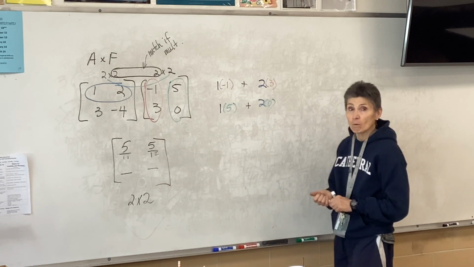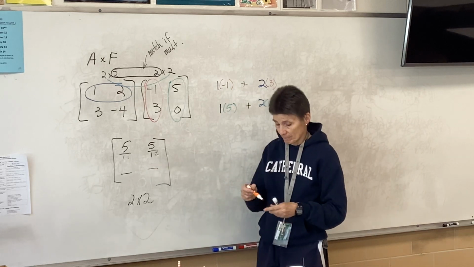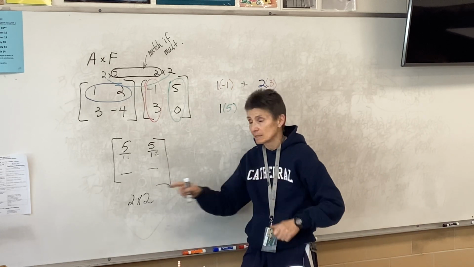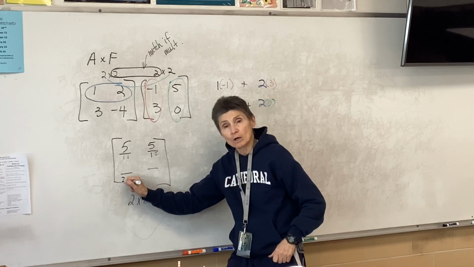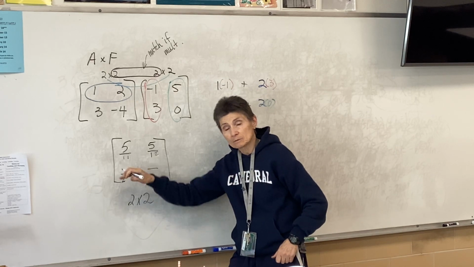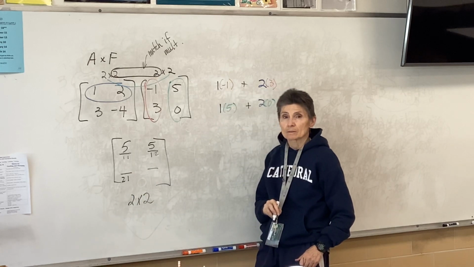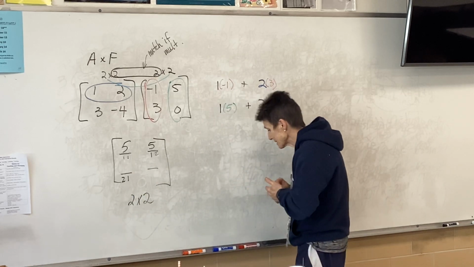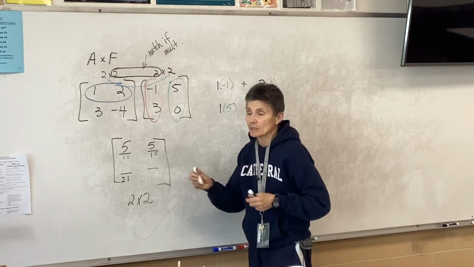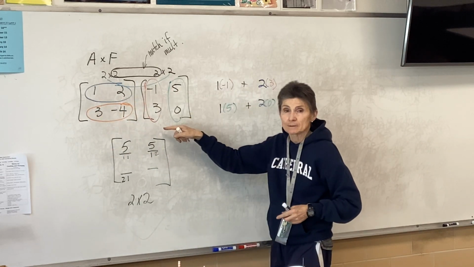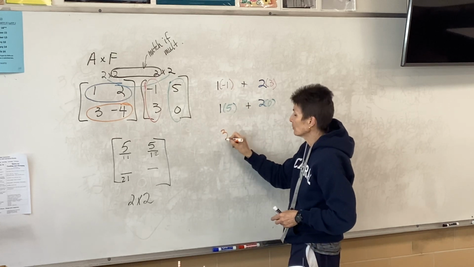All right, now I'm coming down here. Now, what position is this? This is the second row, first column. So now I need the second row of my matrix, and I'm back to the first column. So write down your second row numbers.